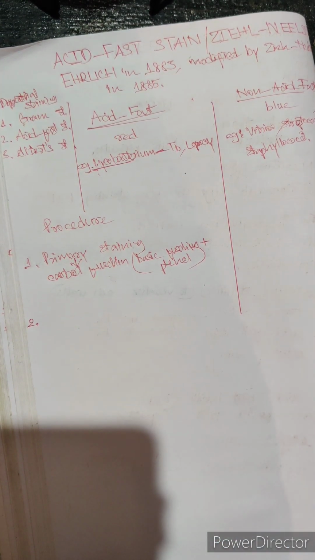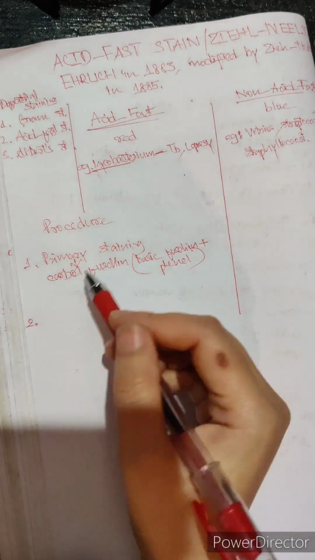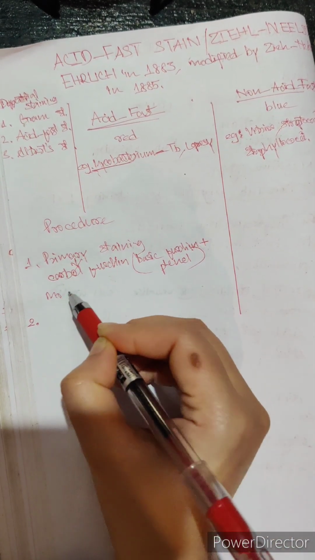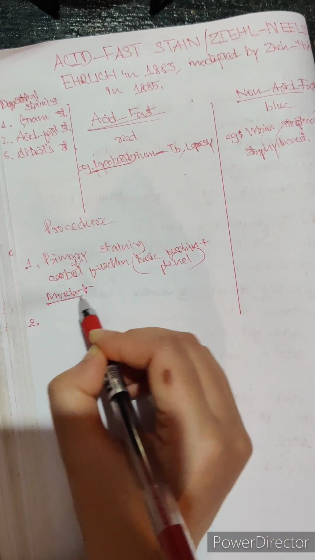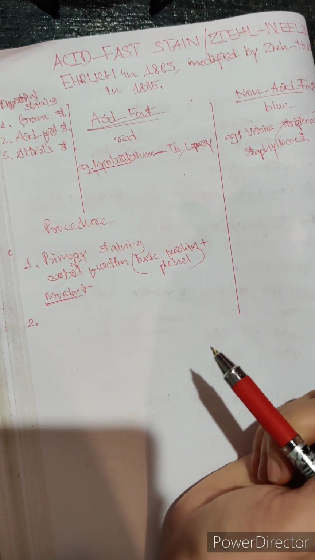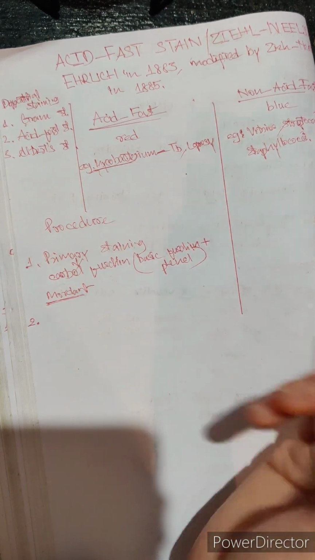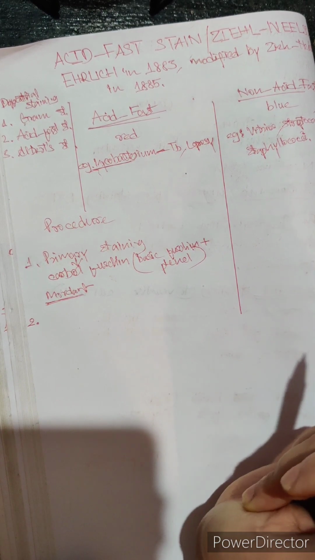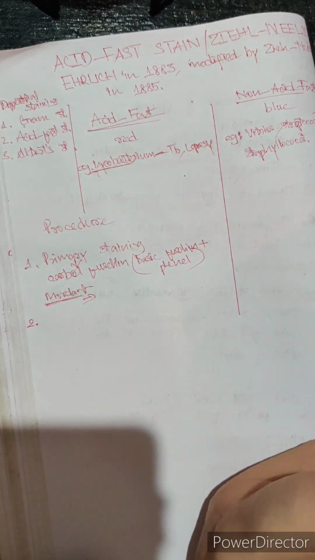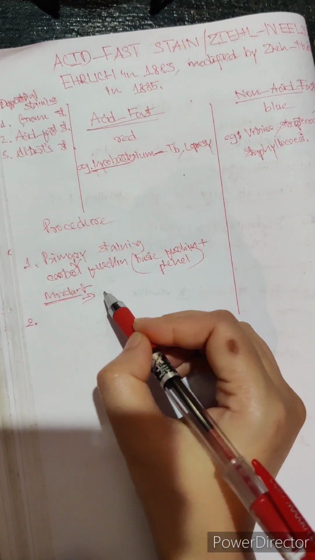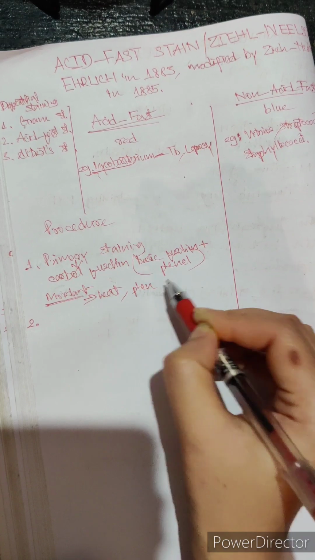In acid fast staining we don't use a mordant. A mordant helps the stain penetrate to a deeper level, but here the role of the mordant is played by heat and phenol.